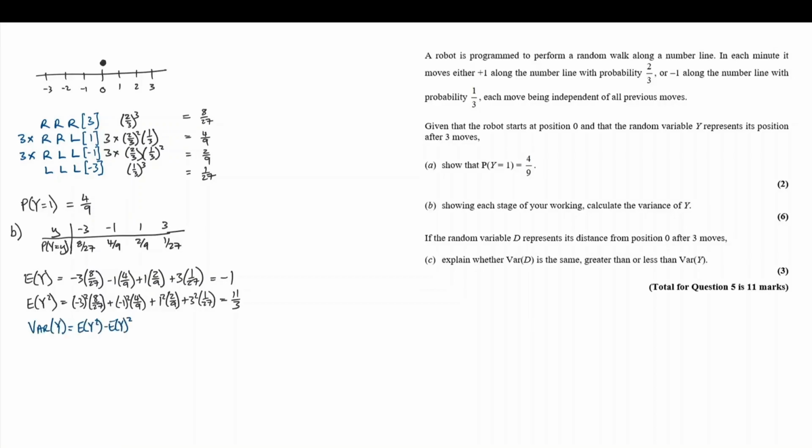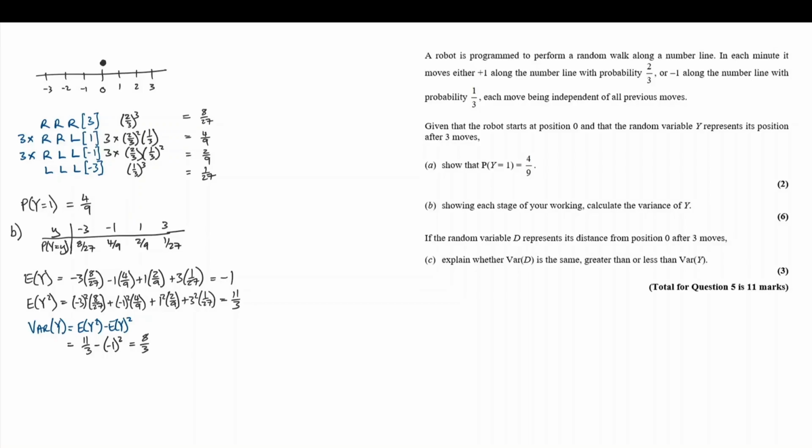Variance is the expectation of y squared minus the expectation of y squared, and that gets us an answer of 8/3. Okay, that's our variance. So 6 marks there. Most of them we did the hard work up in part A of the question.